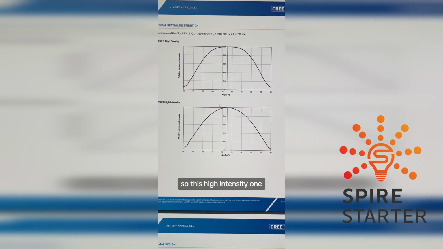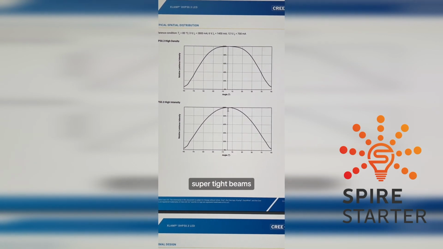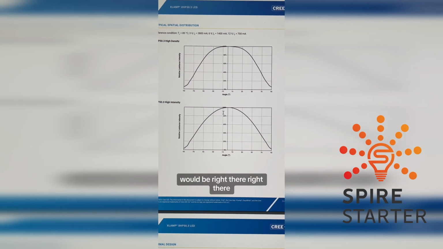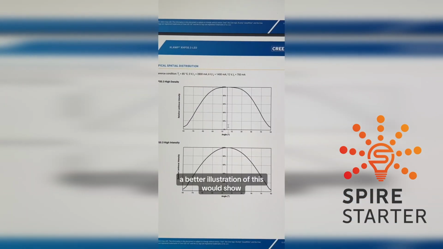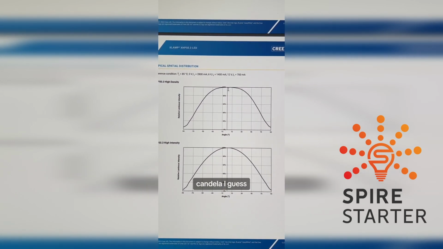So this high intensity one is really great if you're trying to get super tight beams that have more light right at these narrow degrees, because here's the degrees on the bottom, and like 0, 1, 2, 3 would be right there. A better illustration of this would show maximum candela, I guess, for that 0 degree mark, so that you could see that.